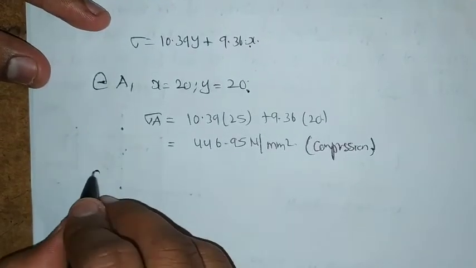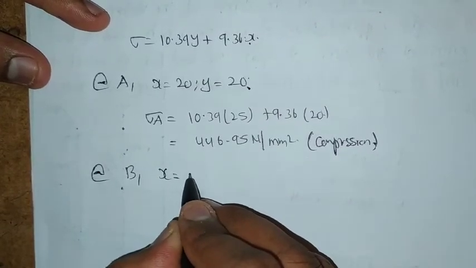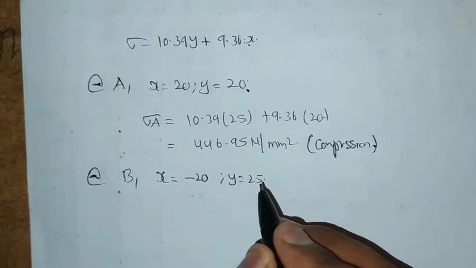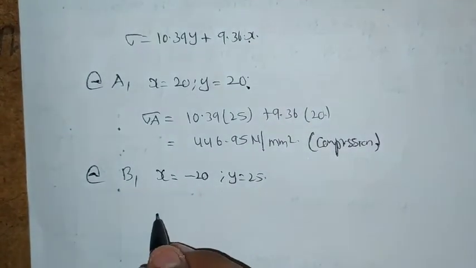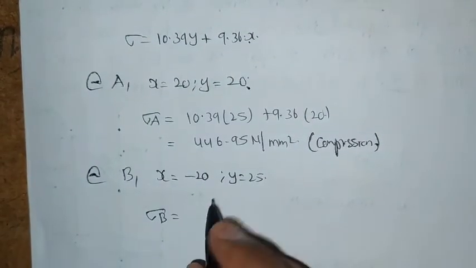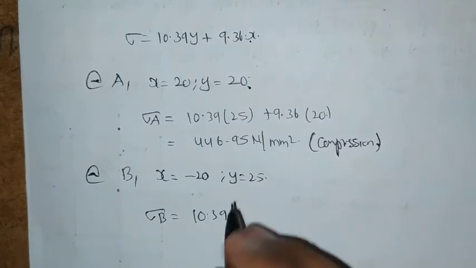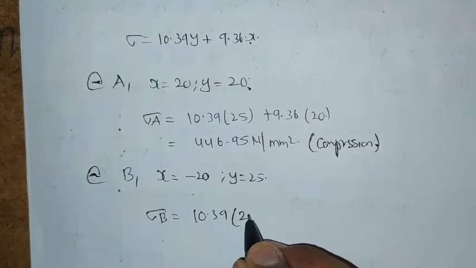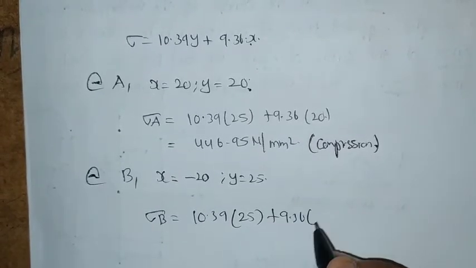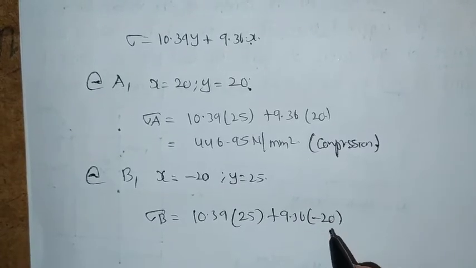It is positive, so I am going to consider it as a compression zone. Similarly, at point B, the x value is minus 20 and the y value is plus 25. Just substitute these values in this equation, then sigma B is 10.39 into 25 plus 9.36 into minus 20.